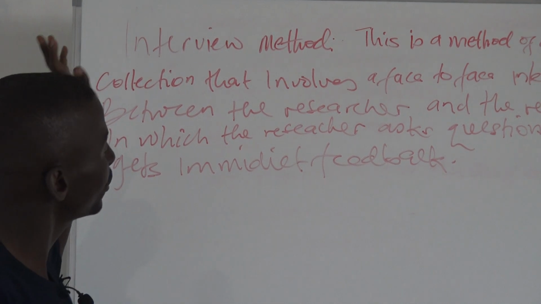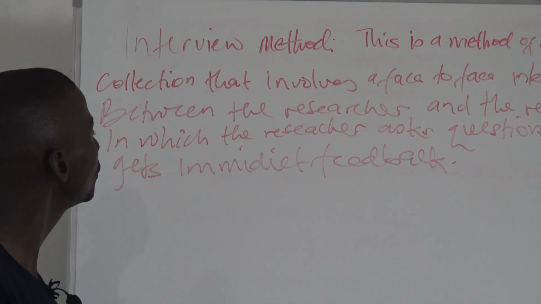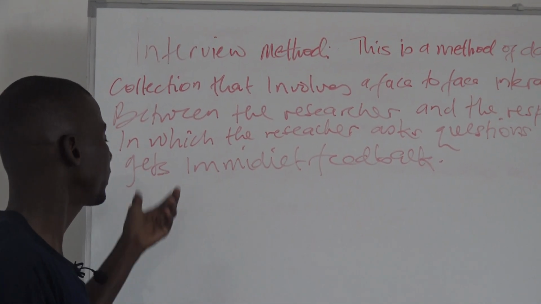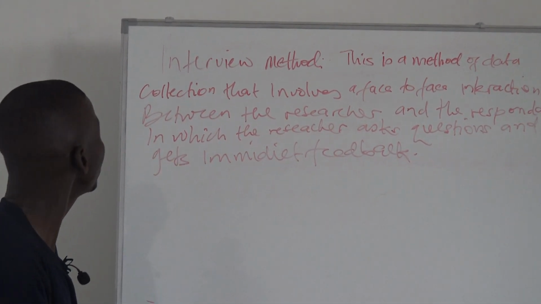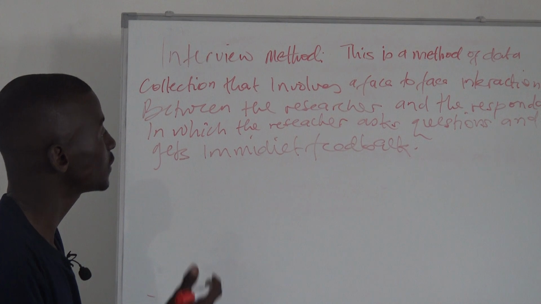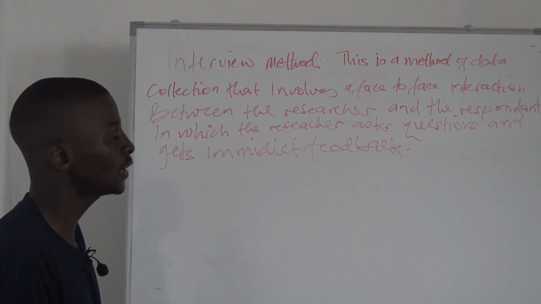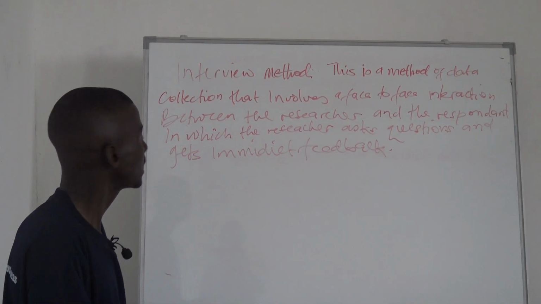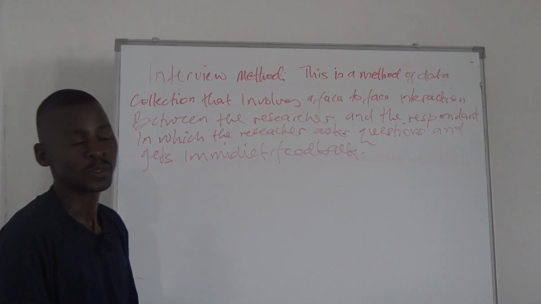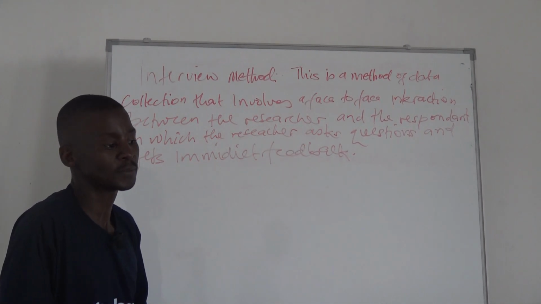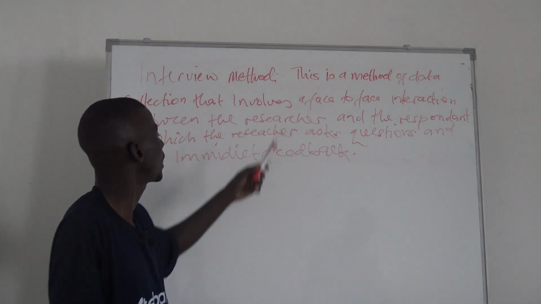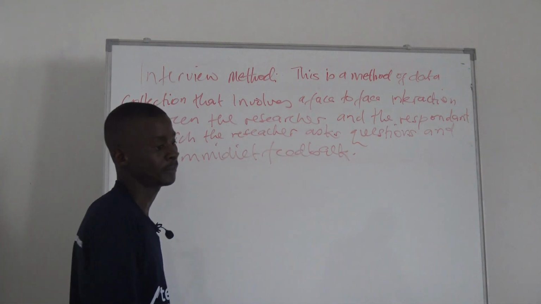So unlike the other method we talked about, observation, interview method is a method of data collection that involves a face-to-face interaction. Sometimes we call it a dialogue, a face-to-face dialogue between the researcher and the respondent. For this case, who is the researcher? The researcher is the learner.